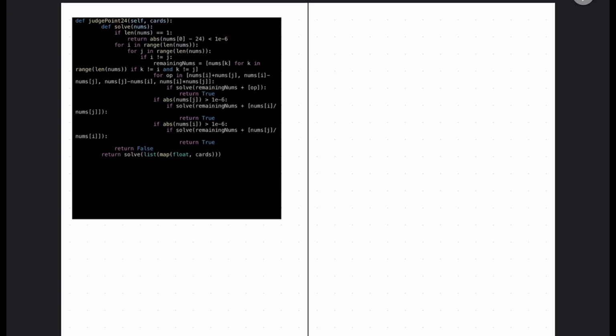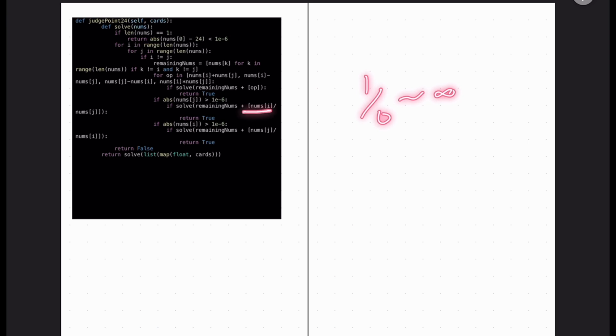The same way, we check that i should not be equal to j. If not equal to j, then you consider the two nums, addition, subtraction, and multiplication. Once we find the answer in this itself, we'll return true. If not, we check whether nums of j is greater than zero, because we should not do 1 by 0, which would contribute to infinity.